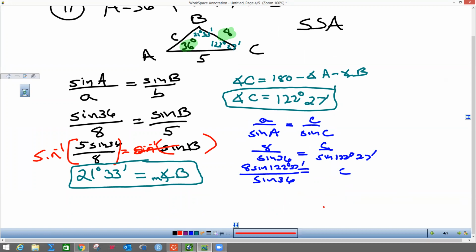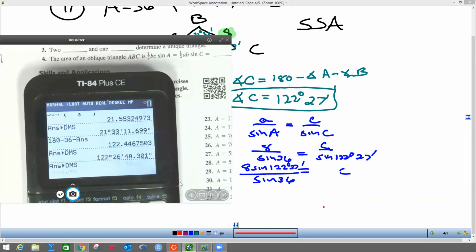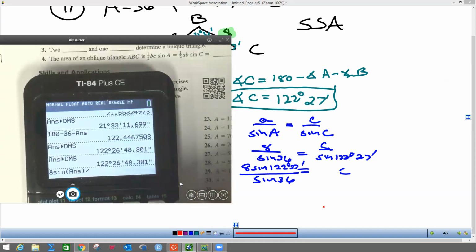So those of you who are going to jump on me, thank you. You're right. All I got to do is type that in. Now remember, I'm going to get my calculator back up here. I've got the whole answer of that sine, right? So I'm going to use that whole thing so it's less rounded. So I'm going to hit 8 sine, and then I'm going to hit second answer, second negative sign is the answer. That gets the whole decimal in there instead of the rounded one, divided by sine of 36.